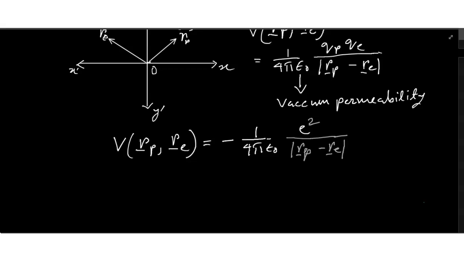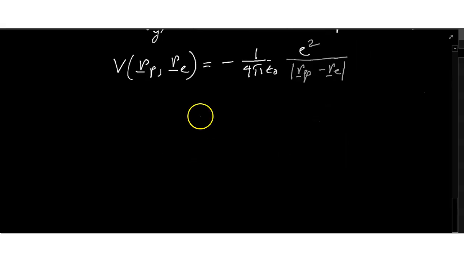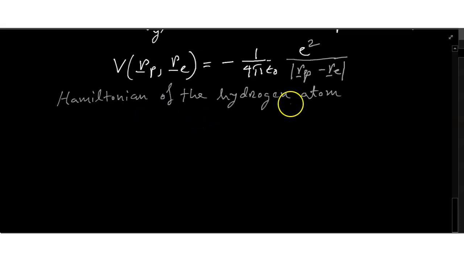This means that V depends on the position operators for the proton and the electron and is equal to the same expression as above, but now the position coordinates become operators. We write down the Hamiltonian of the hydrogen atom.